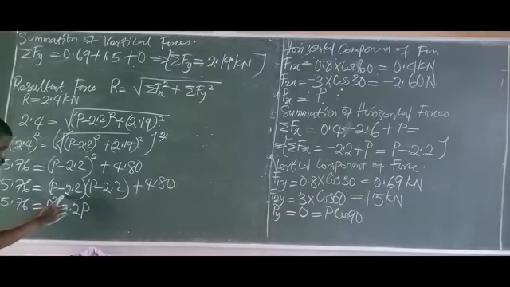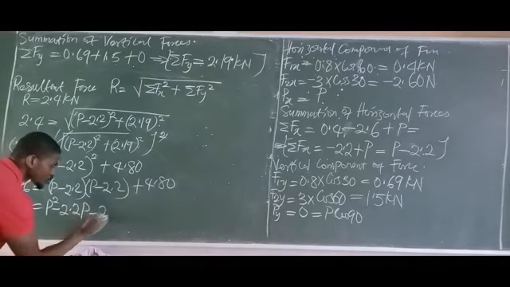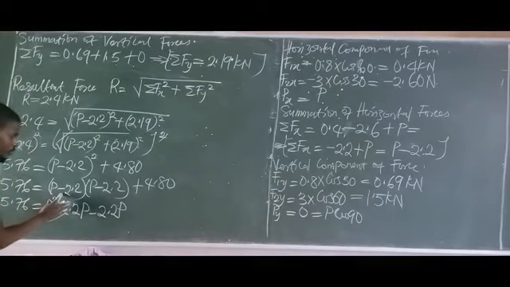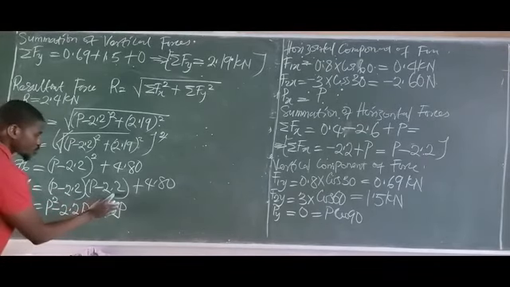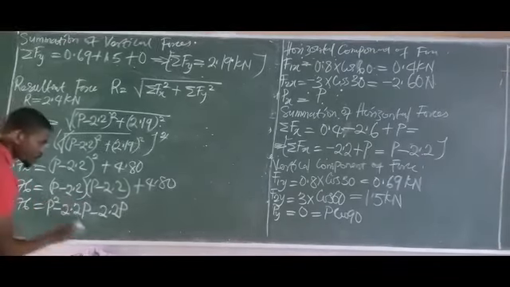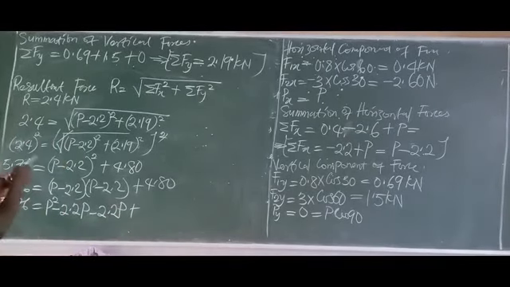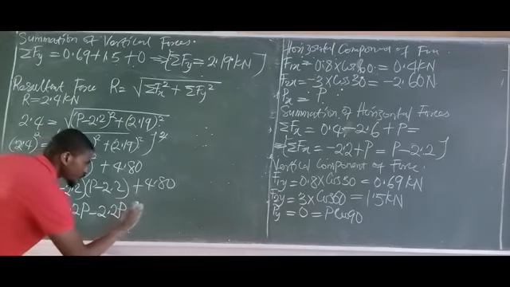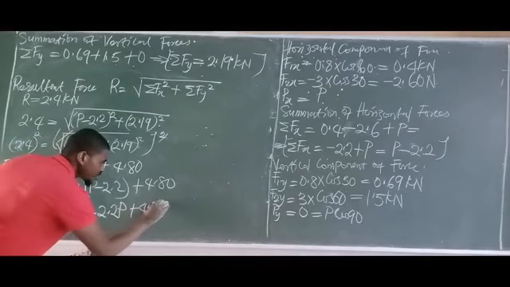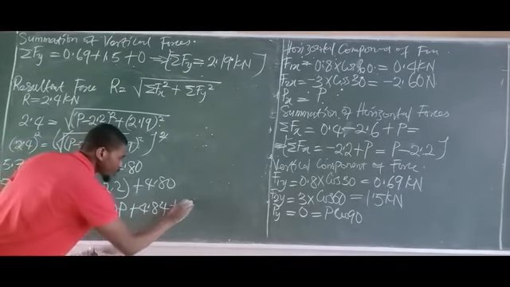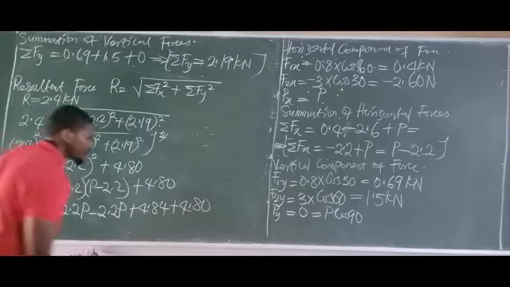Same thing, minus 2.2 multiplied by p now becomes minus 2.2p, and then minus 2.2 multiplies minus 2.2, minus times minus becomes plus, so I have plus, then 2.2 multiplies 2.2, that gives us 4.84. Not forgetting, put down your 4.80, so this is plus 4.80.